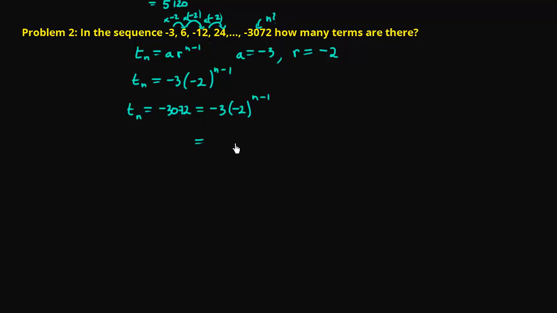If we divide both sides of this equation by -3, we have that -2 to the power of n minus 1 is equal to -3072 over -3. And if you actually divide this out, we get that -3072 divided by -3 is 1024. And that's equal to -2 to the power of n minus 1.